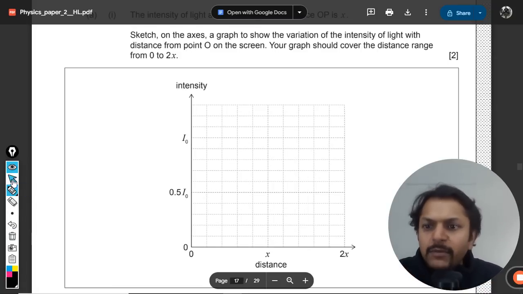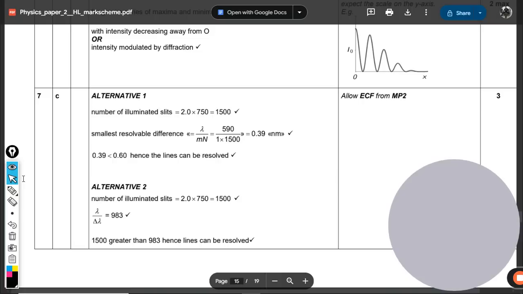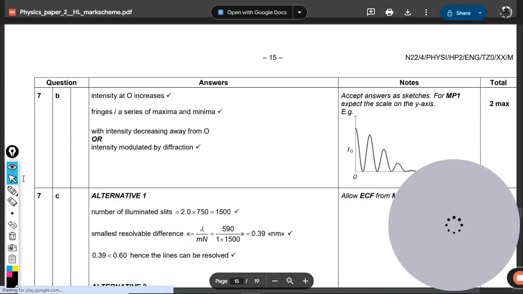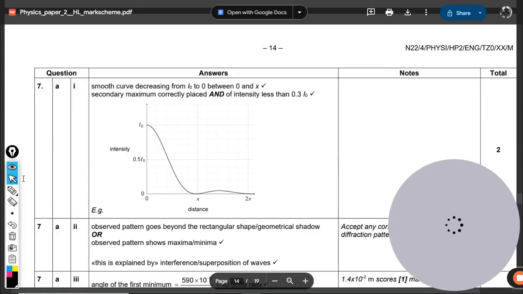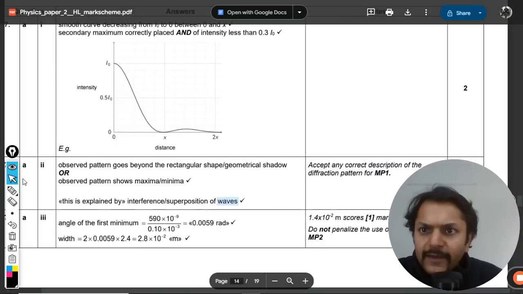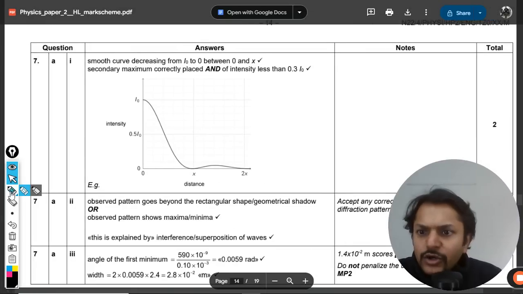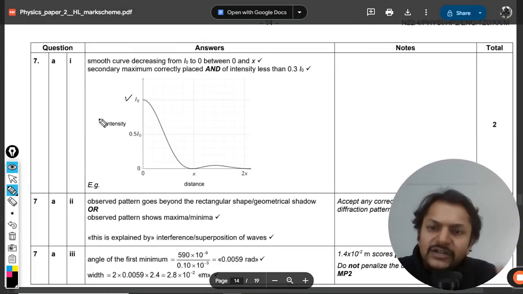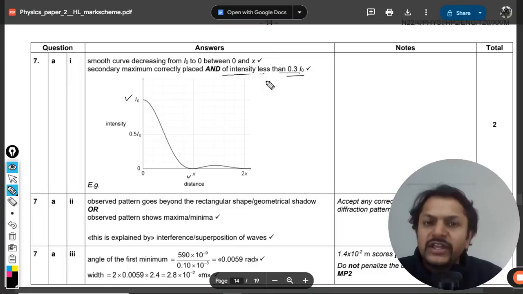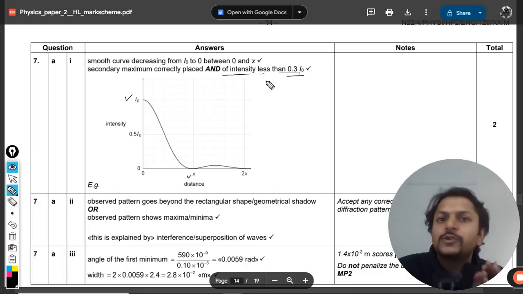Let us see the mark scheme once and how they are doing it. Yeah, 7-1A. Here it is. So you can see that the graph starts from I naught, goes to 0 at x, and then goes like this. So this value is very small, and they have written here that the intensity is less than 0.3. It means it will be less than 30% of the total intensity.